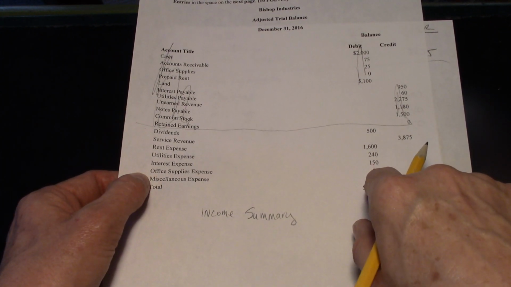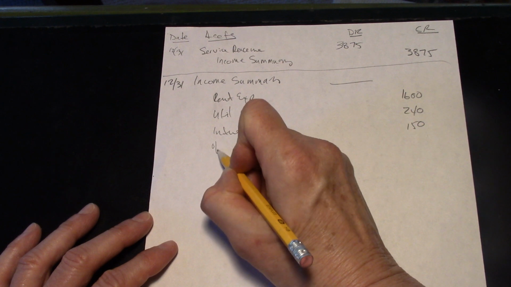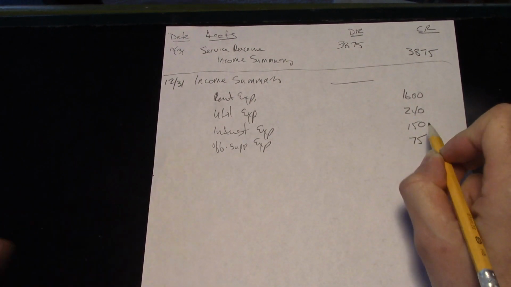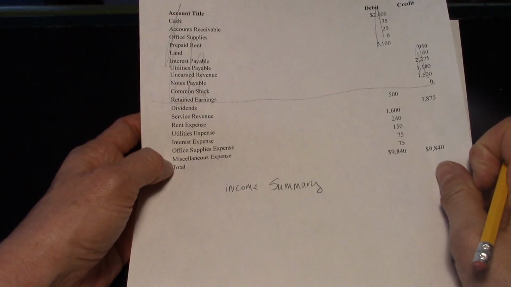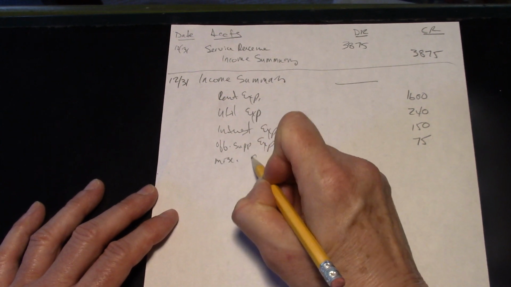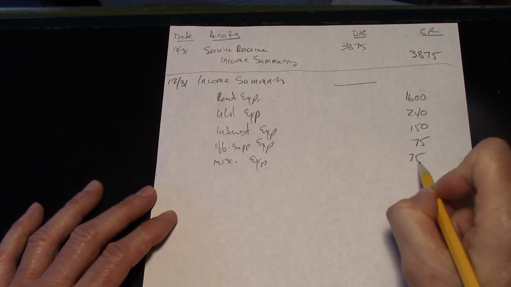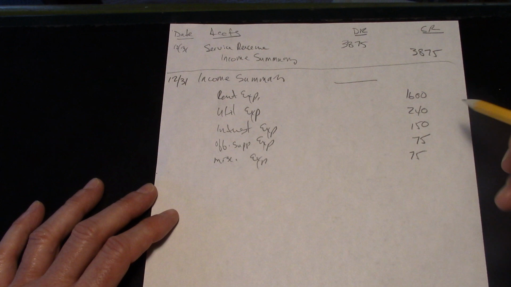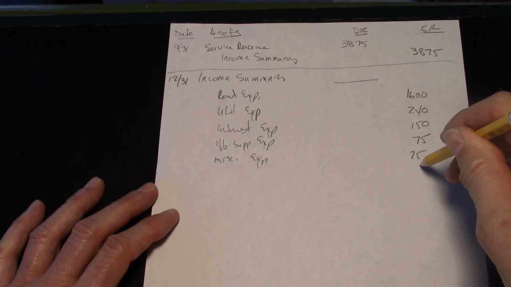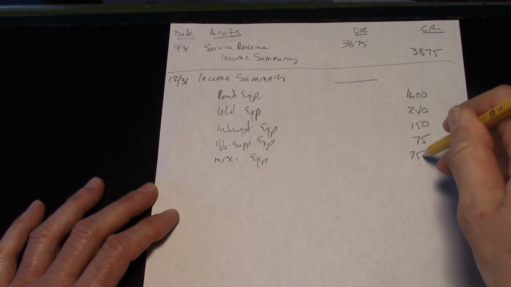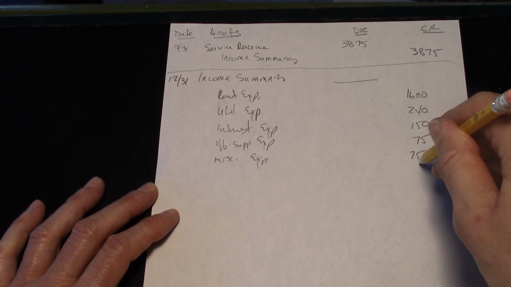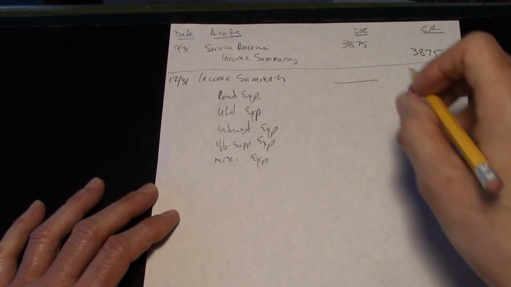Office supplies expense, $75. And miscellaneous expense, $75. Alright, so now I'm going to add these all up. 1,600 plus 240 plus 150 plus 75 plus 75 equals $2,140.